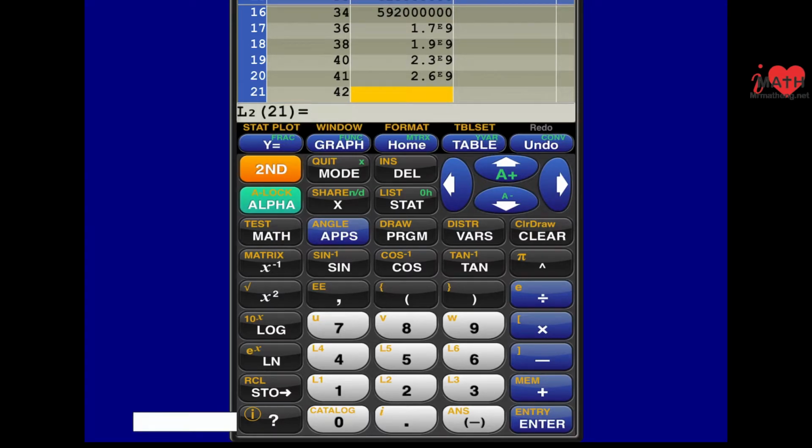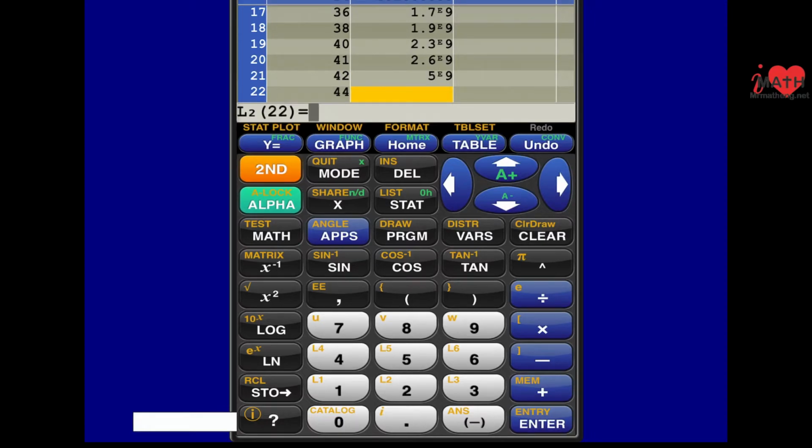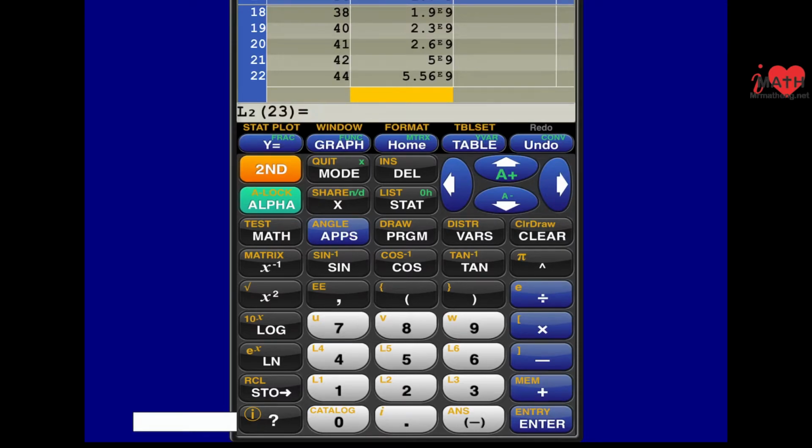That would be 5.0. And then I'm going to type second, then comma, and then 9. Basically what it's saying is moving the decimal place 9 times to the right. And then I'll do the same thing with this one. 5.56, second, comma, 9. Okay?